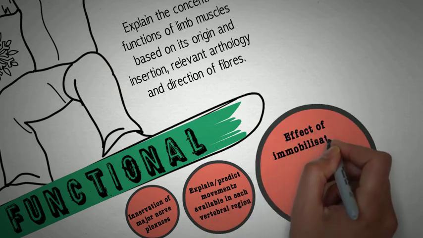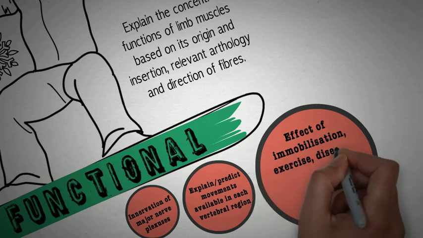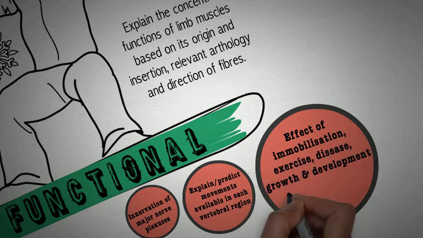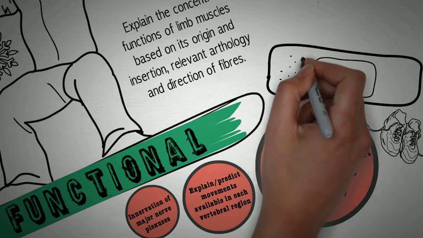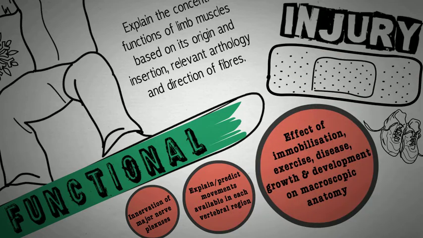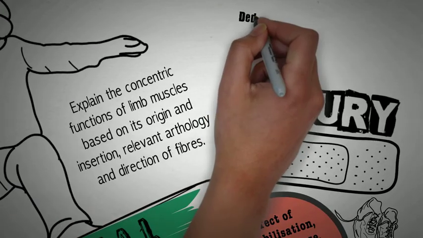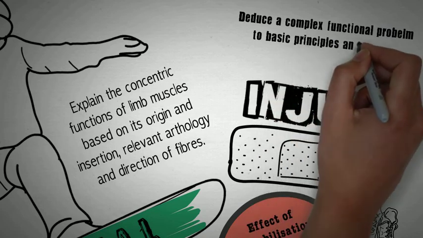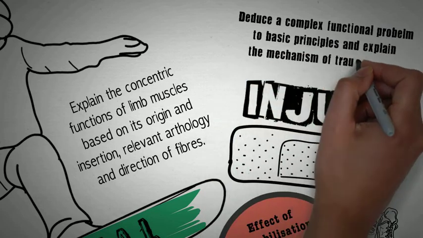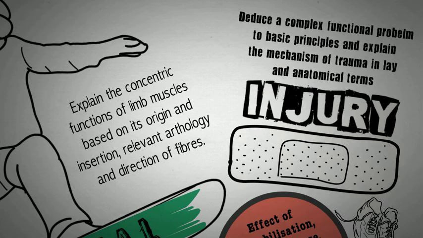Further, the effects of exercise, immobilization, disease, growth and development, and degenerative conditions on skeletal, musculature, and nervous system functions will be discussed. Lastly, you'll be required to identify the impact of injury on motor and sensory function, to deduce a complex functional problem to basic principles, and explain the mechanism of injury using appropriate anatomical dialogue.